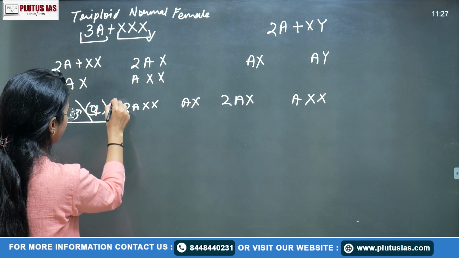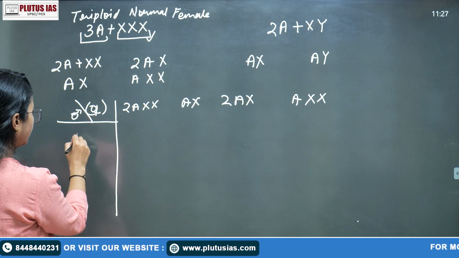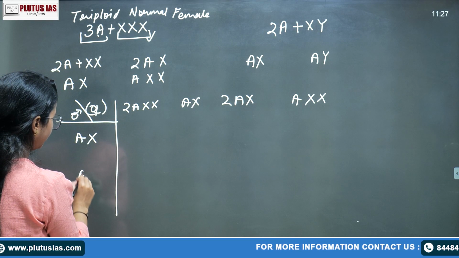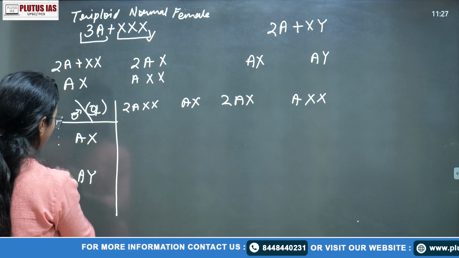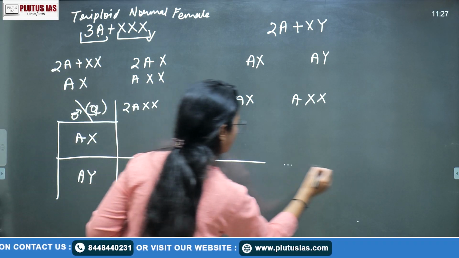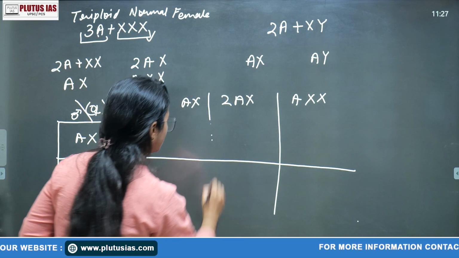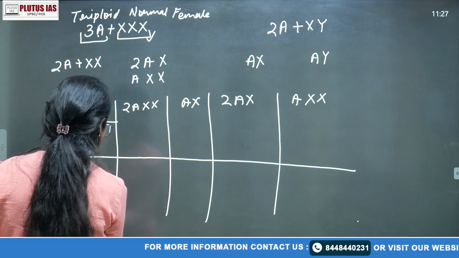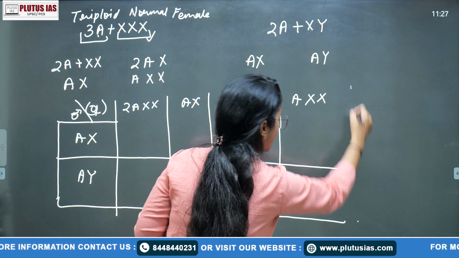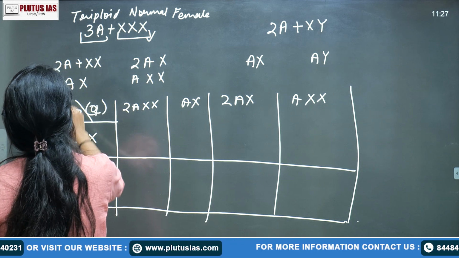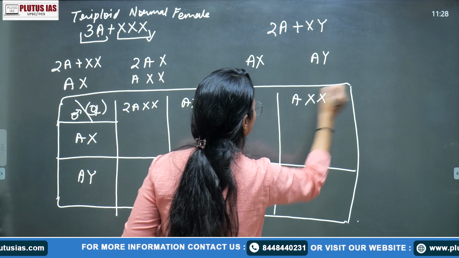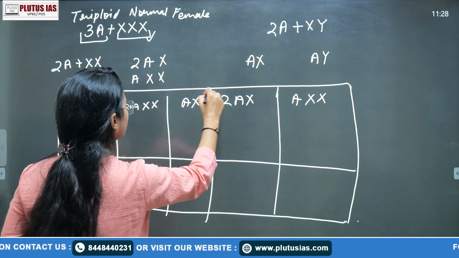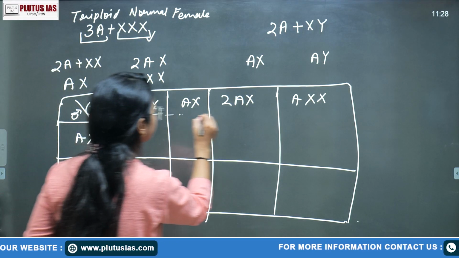Here like this we can draw, AX and AY. Of course I'll tell you how the male or the female character is determined by that ratio, the ratio of the autosomes and the sex chromosomes.